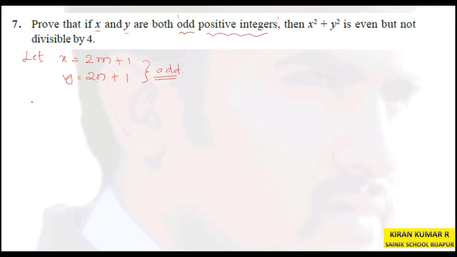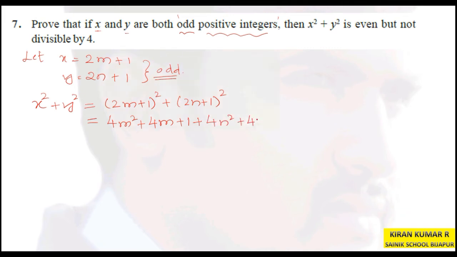Now as per the question, I need to do this x square plus y square. So I need to expand this 2m plus 1 whole square added to 2n plus 1 whole square. Expand it, I'll be getting 4m square plus 4m plus 1 plus 4n square plus 4n plus 1.